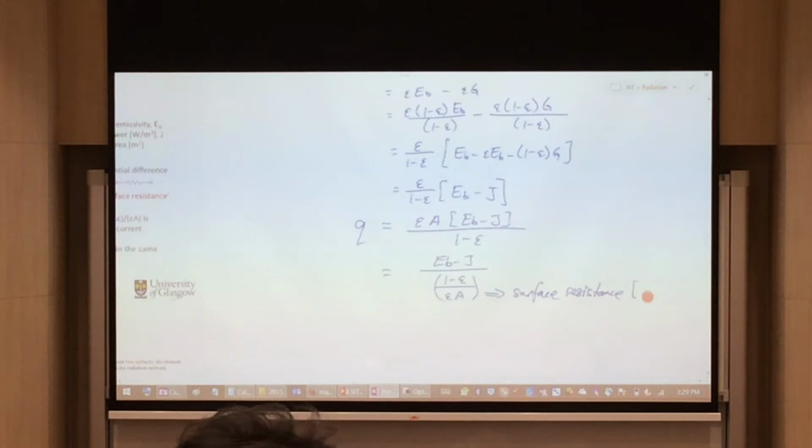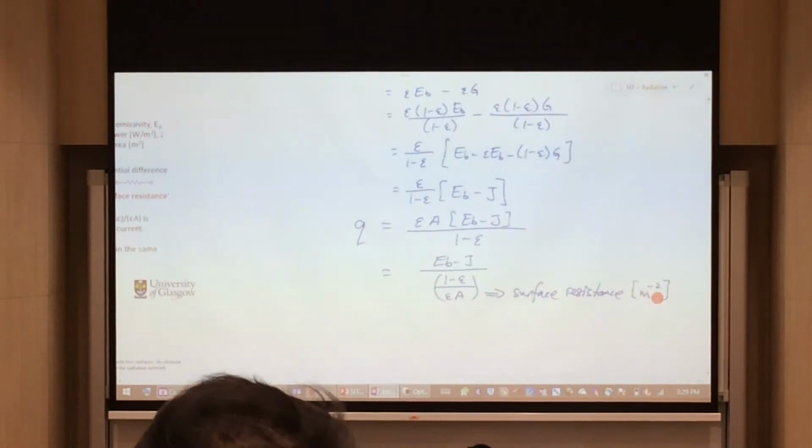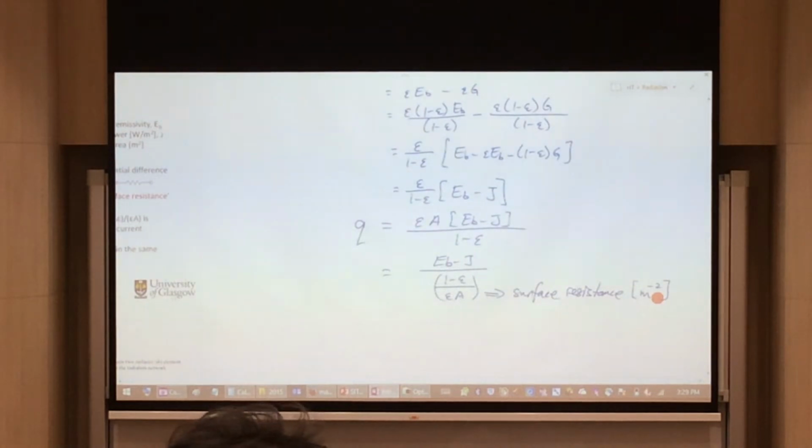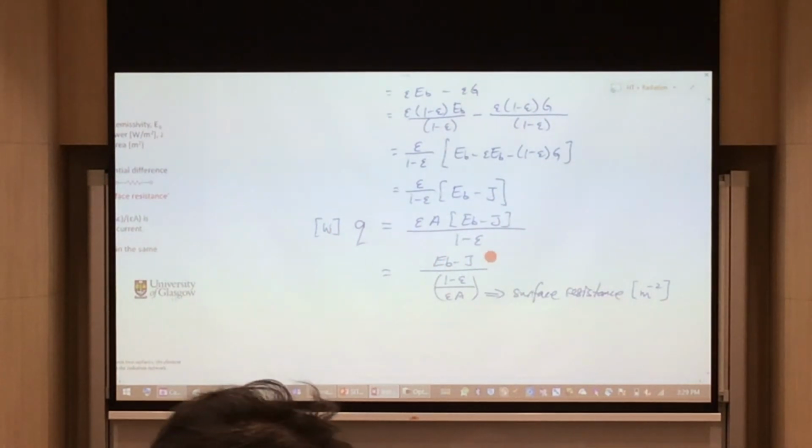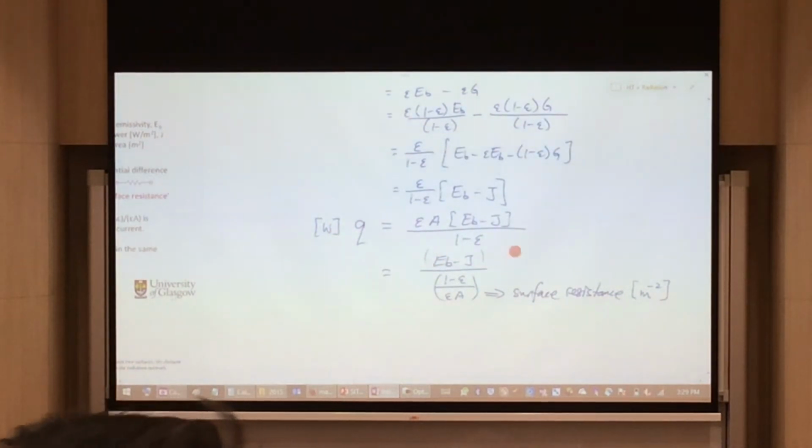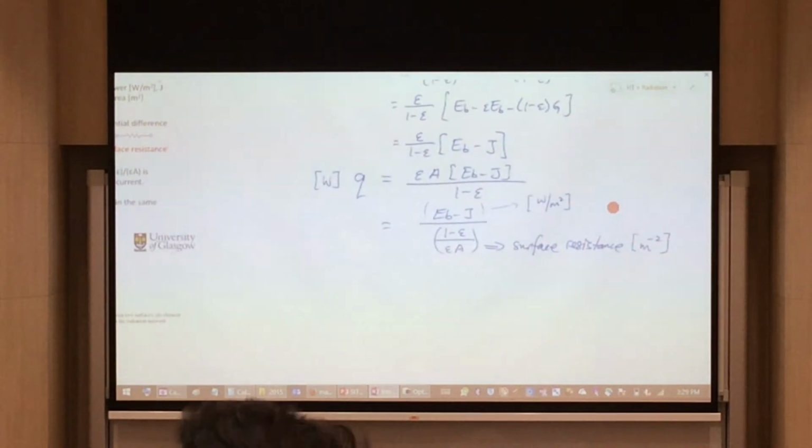And the units for surface resistance is meter to the power of minus 2. And obviously your Q would have the units that is watts. And this numerator over here would have the units that is watts per meter squared. So if I were to sketch that resistance circuit, now it's going to look like this.